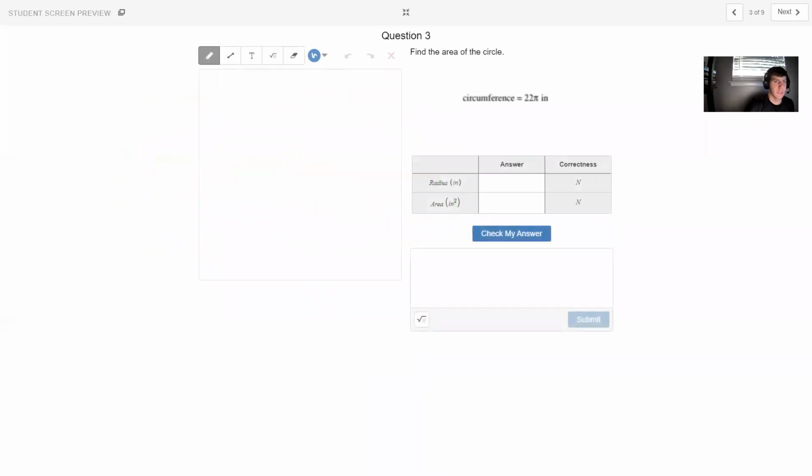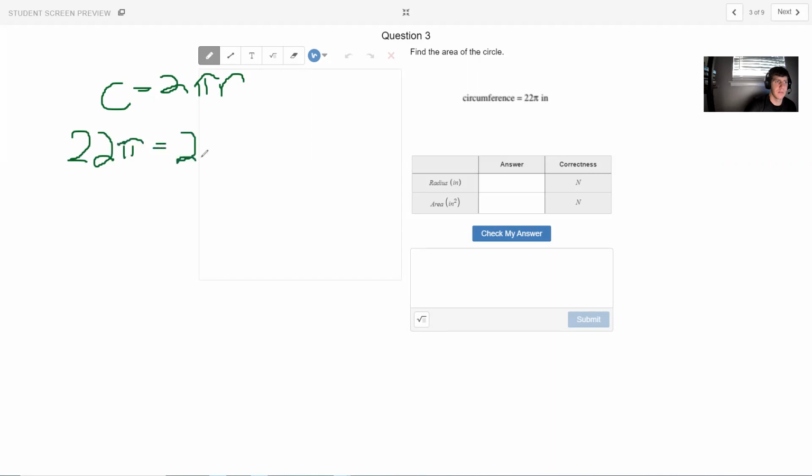On the next one, they're giving us the circumference, and they want us to find the area. So we're going to use the circumference to find the radius this time. So 22 pi equals 2 pi r. Divide both sides by 2 pi. That's going to be 11 equals the radius.